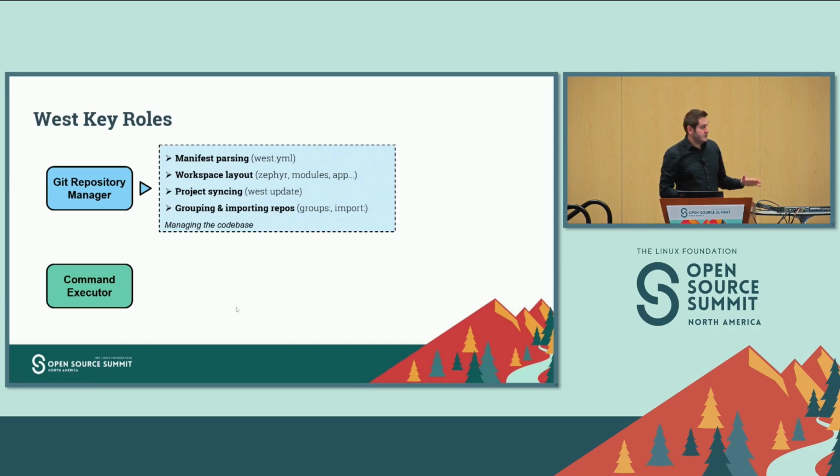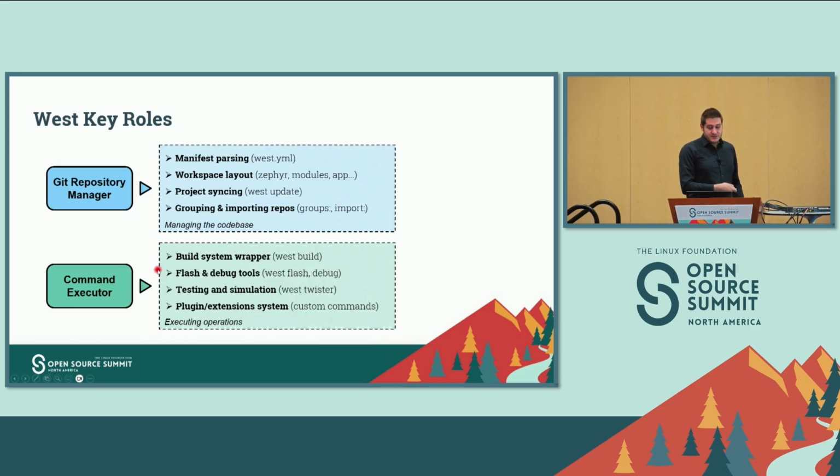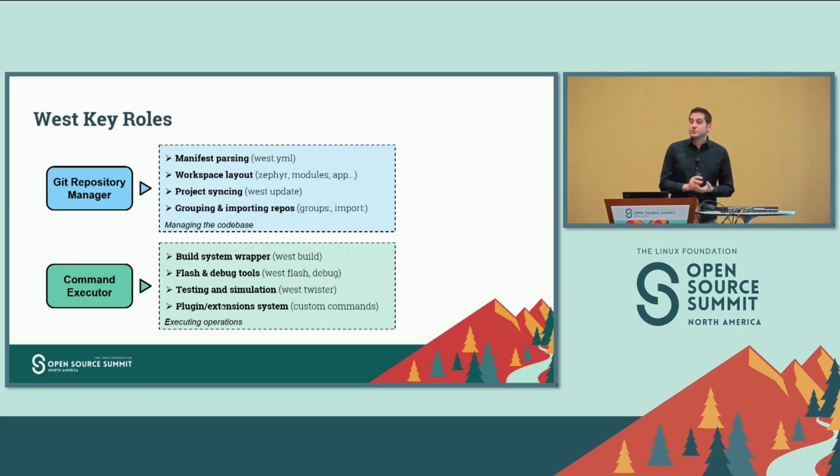The second part is about executing the different commands. This is where we have the build system wrapper, and tools to flash and debug the system. We can also do some testing and simulation, and of course we can add our custom commands. These custom commands might be useful to do something very specific for our projects.